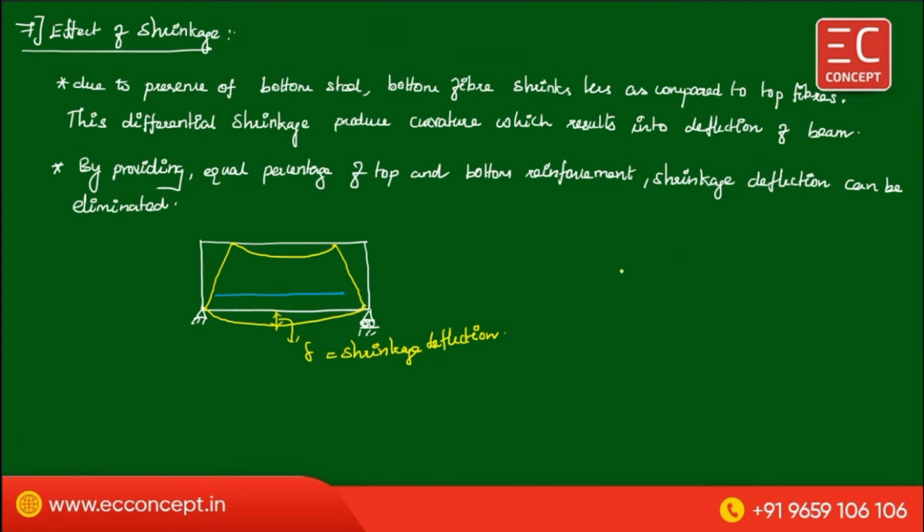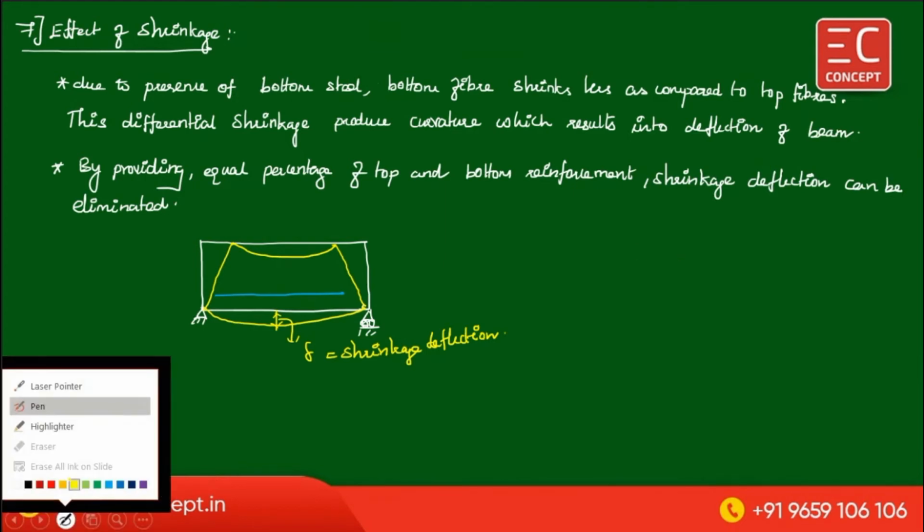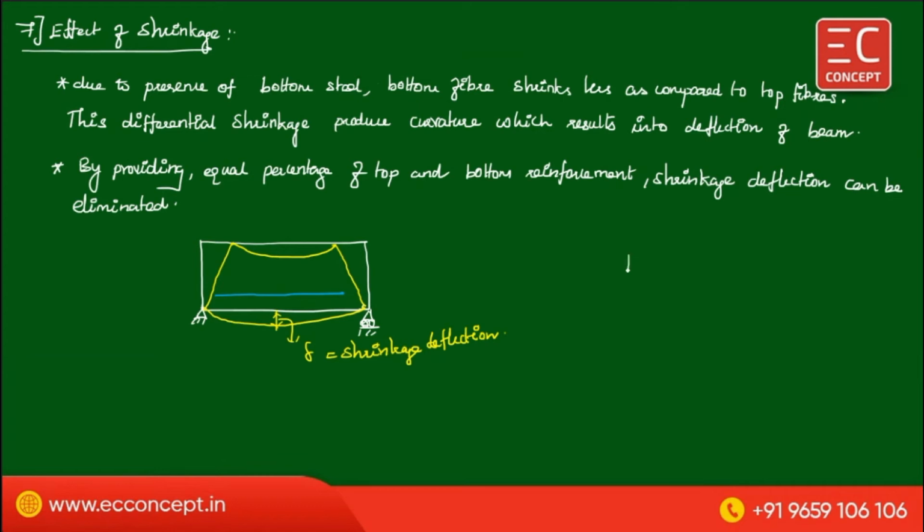See, there is a concept. You know, there is a beam. Generally, we use tension reinforcement at the bottom. Because of the tension reinforcement, the shrinkage stress will be less at the bottom and more in the plain concrete.